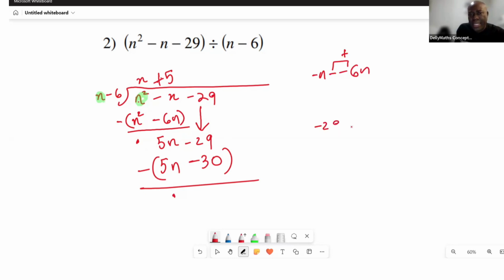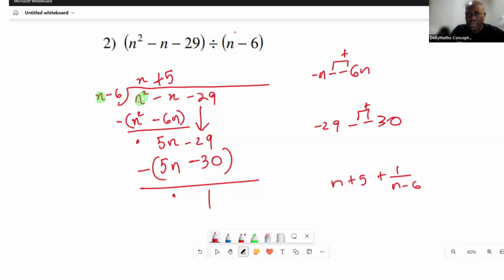But -29 minus -30 will be 1. So this becomes a 1. What is the result? When this was divided, we got n plus 5 and a remainder of 1. So it's plus 1 over n minus 6.